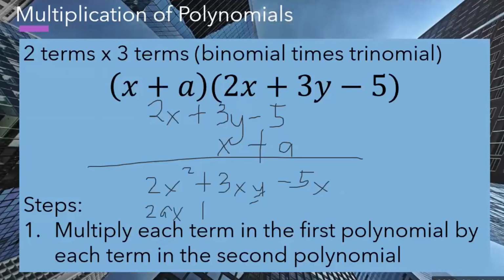Can you align 2ax there? Hindi mo pwede i-align kapag hindi sila pareho ng literal coefficients. You can put it here. O sige, pwede mo rin dun. Basta hindi ka malito.